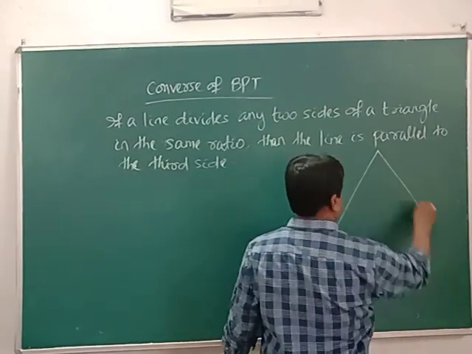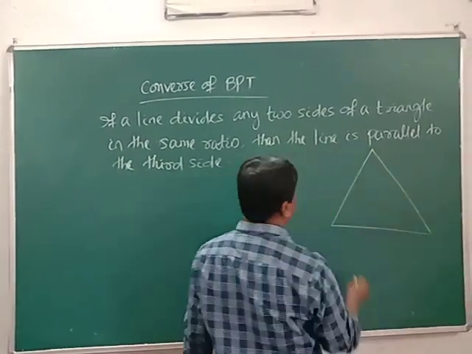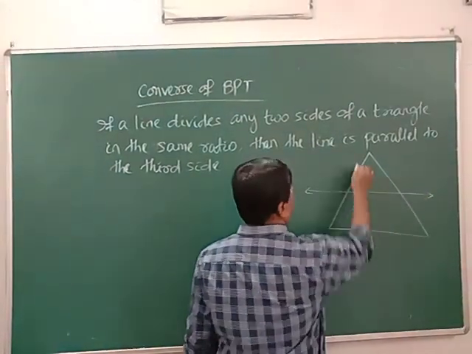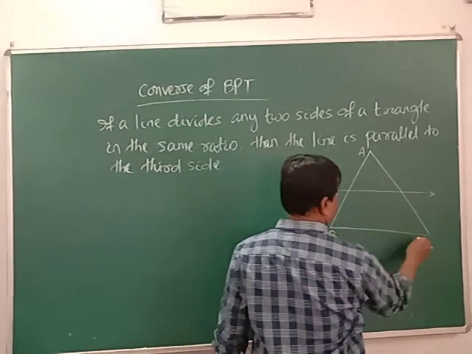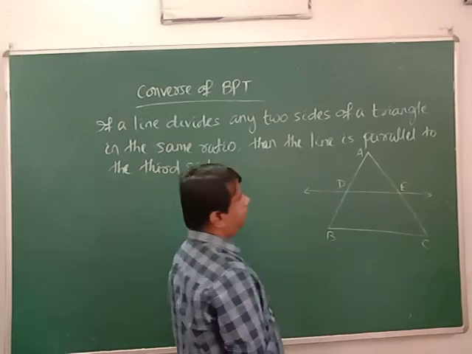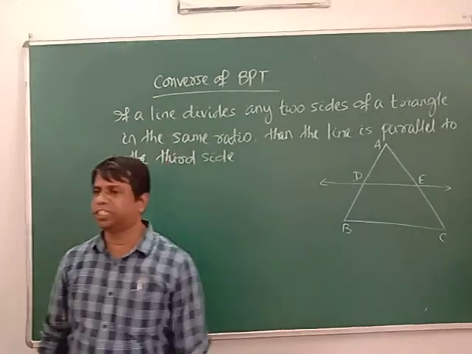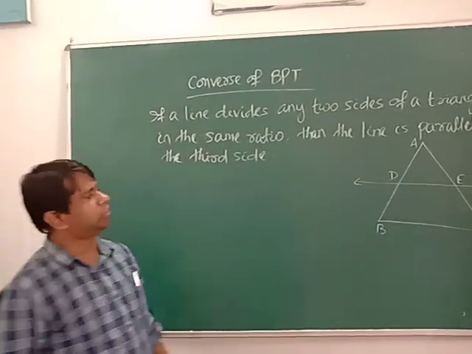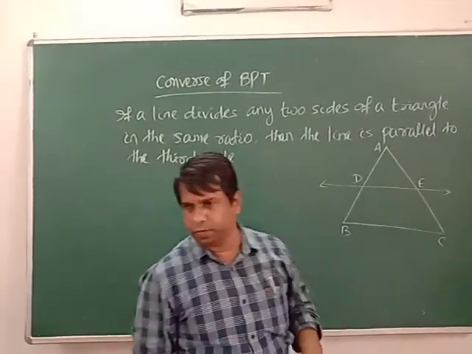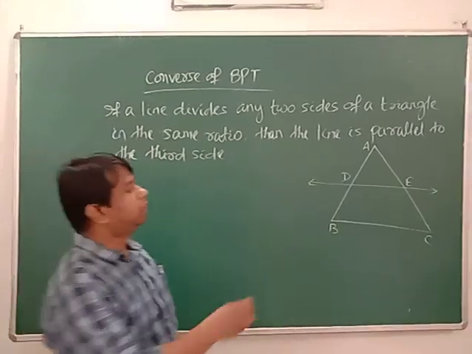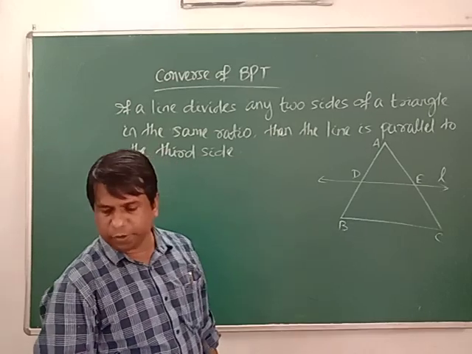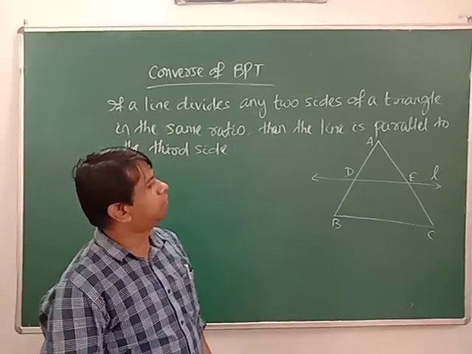Let ABC be a triangle. A line intersects AB and AC in distinct points D and E, and what is given to you? AD upon BD is equal to AE upon CE. So I have to prove that this line DE is parallel to BC.